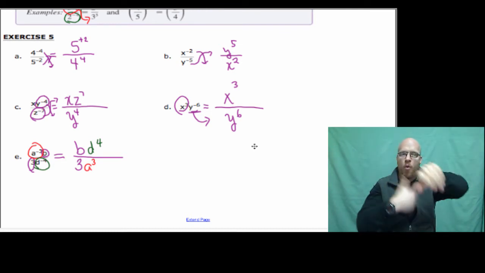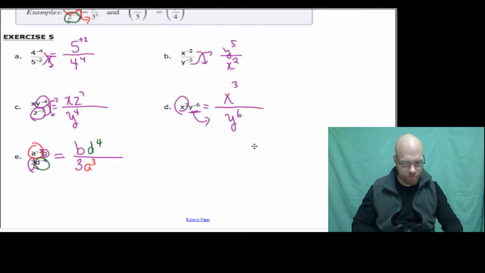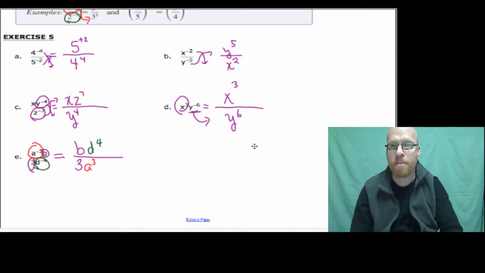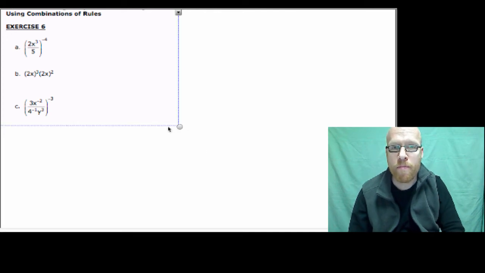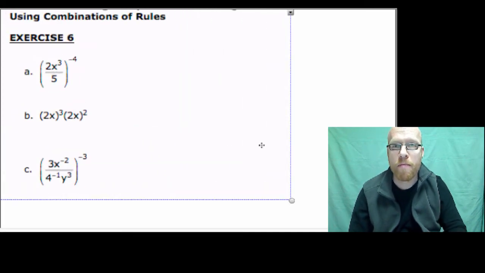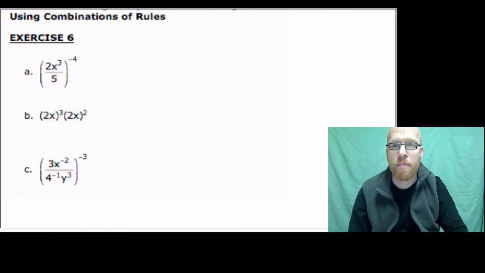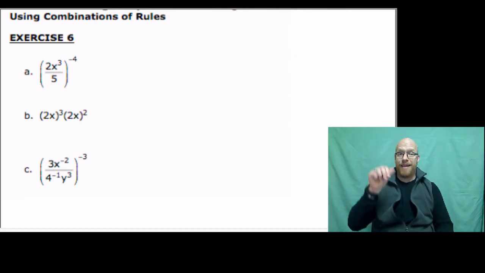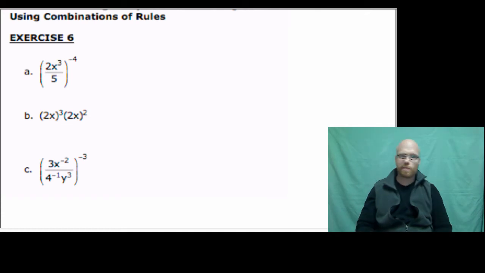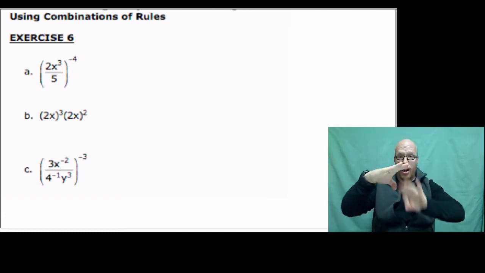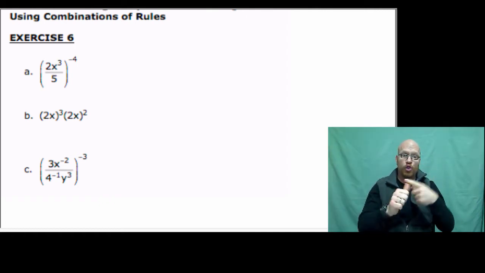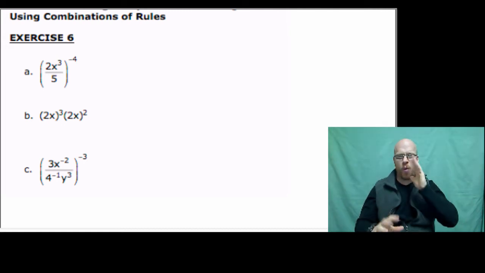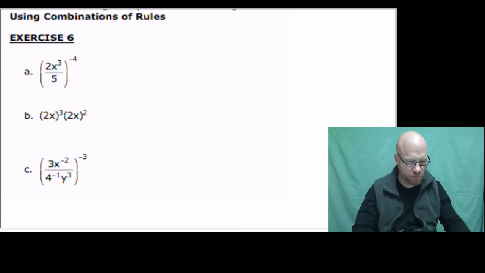Our next three problems will incorporate all the rules together. Okay, so for A, we have some choices here. We could flip the fraction over and write the exponent as a positive exponent, or use the power rule of negative 4 first and then work on the negative exponents.